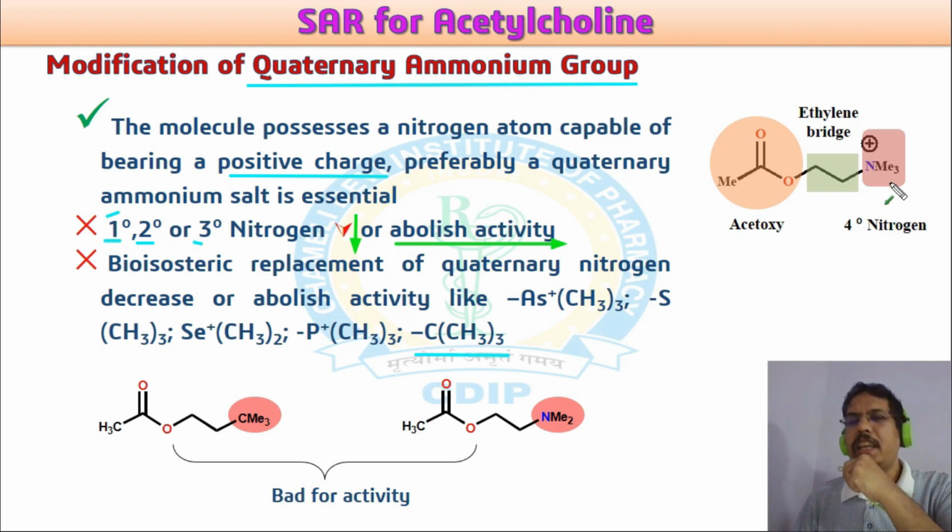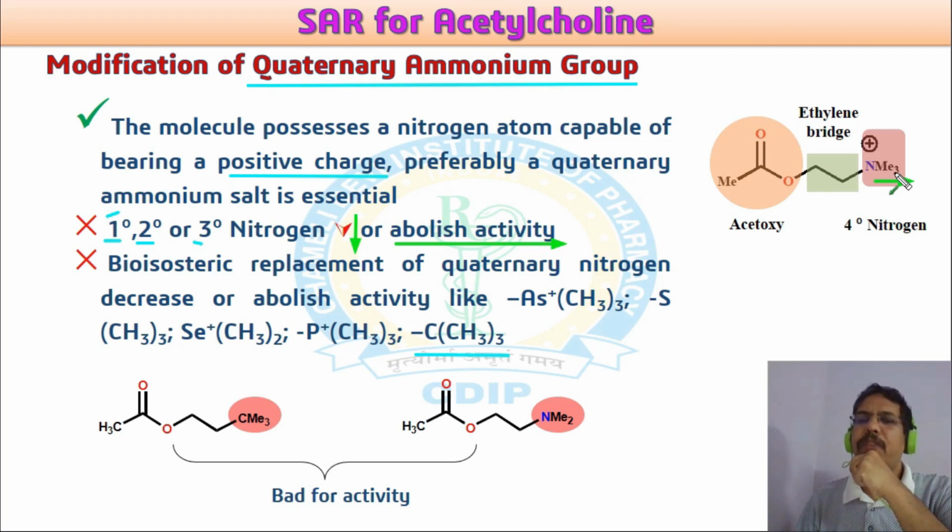So in that case, if we replace this methyl by means of ethyl or propyl, again activity decreases, and in case of replacement of all 3 methyl groups with ethyl, sometimes it is claimed to give antagonist activity, meaning the cholinolytic effect.